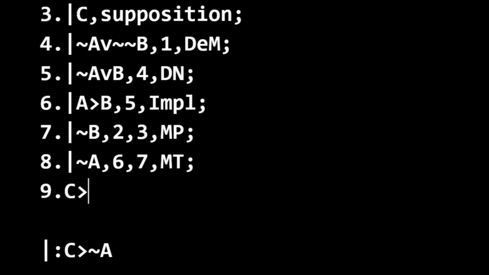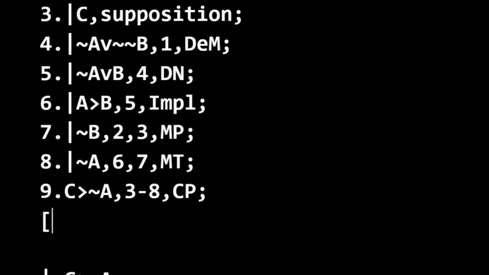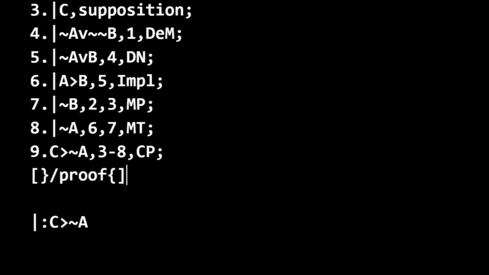Supposing C is true, then not A is true. That's from lines 3 through 8 by conditional proof, and that closes off our proof.